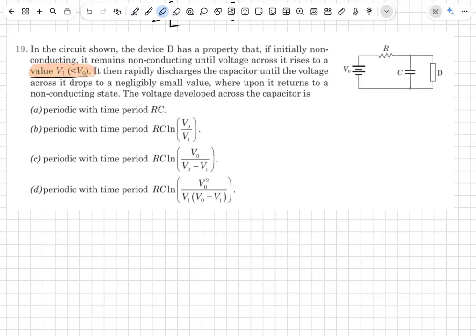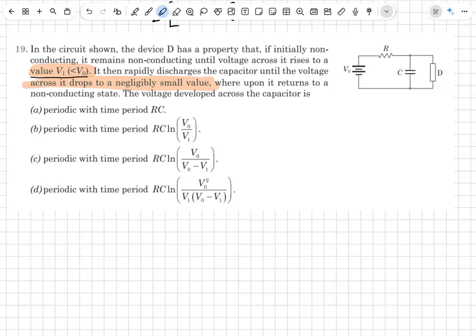If then it rapidly discharges the capacitor until the voltage across it drops to a negligibly small value. That is one important observation. Whereupon it returns to a non-conducting state, the voltage developed across the capacitor is... A very, very good question.